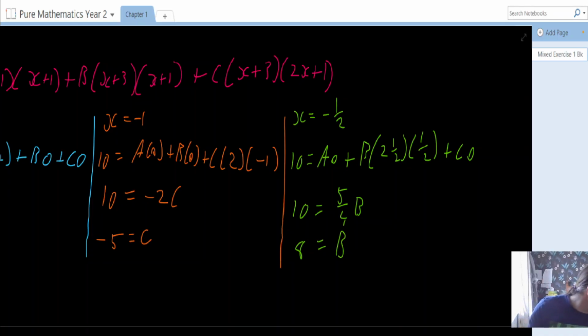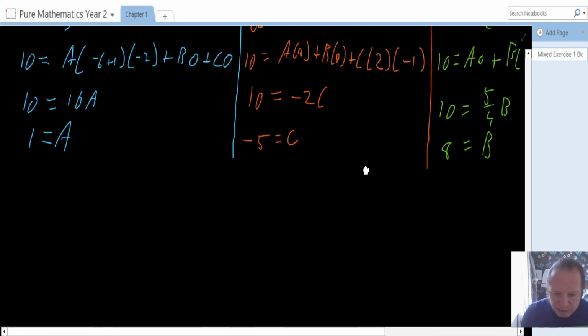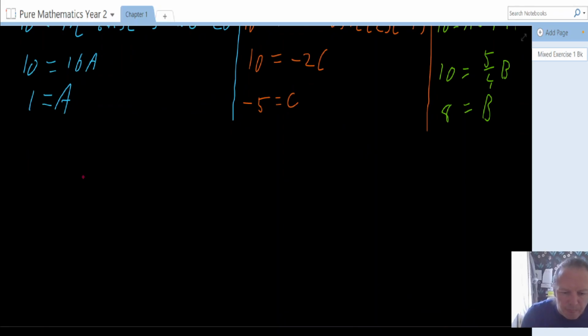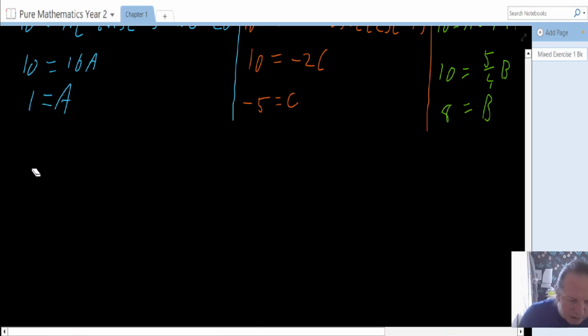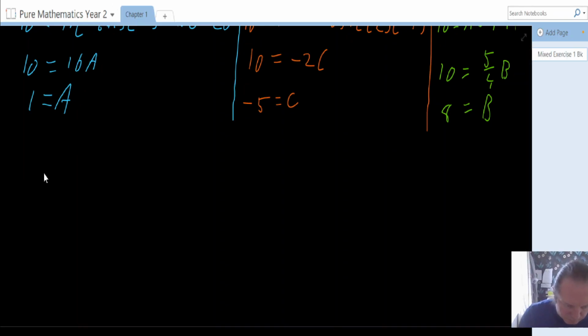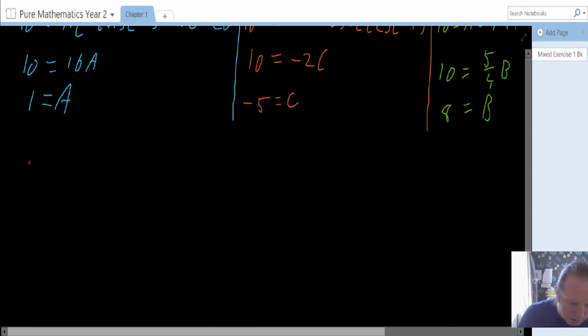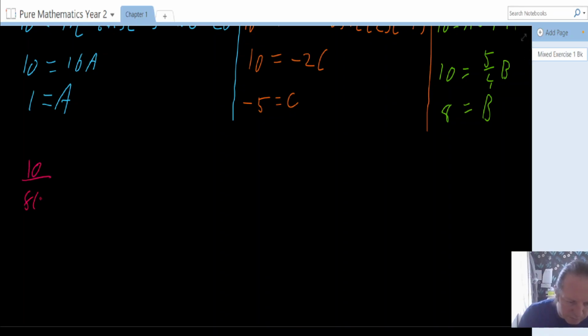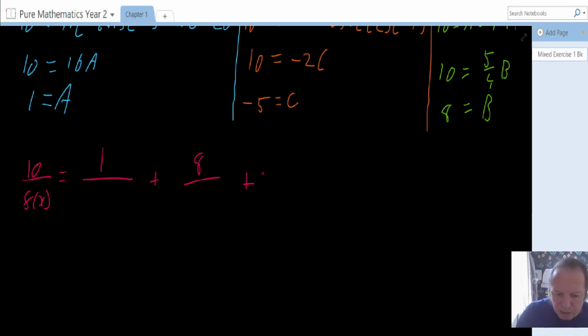The question said to express it as a partial fraction, so that means you've got to write it all out again, which is always fun. So we can say that 10 over f of x is equal to 1 over x plus 3, plus 8 over 2x plus 1, minus 5 over x plus 1 for the c.